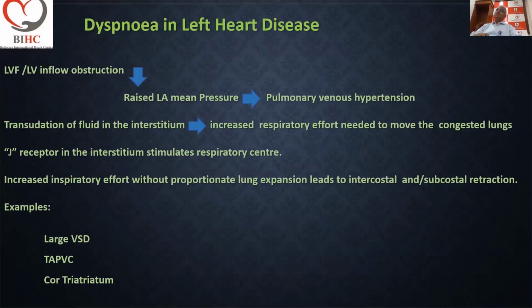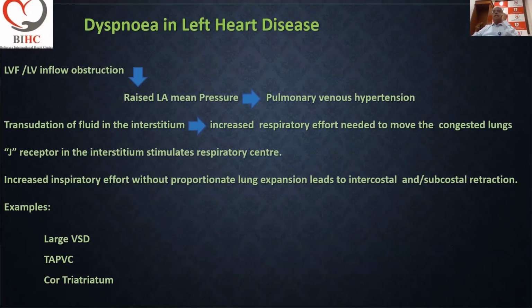In this context, let us also recall what is the implication of a child who is dyspneic or the child who is having retractions. We know that dyspnea in heart disease may be either a manifestation of a left heart obstructive disease or a left heart dysfunction, or it's an evidence of hypoxia.